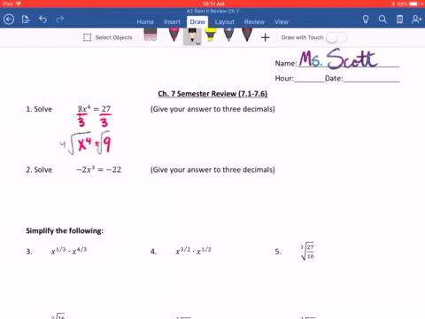So we'll take the fourth root of both sides, and then that'll cancel, and we'll get x equals the fourth root of 9, which is the same as 9 to the power of 1/4, which is, if you plug that in a calculator, about 1.732.